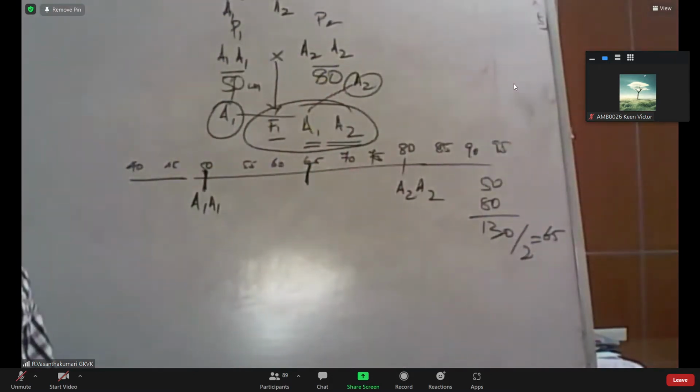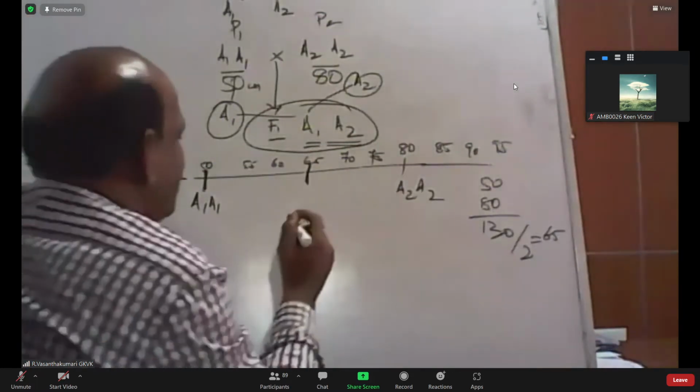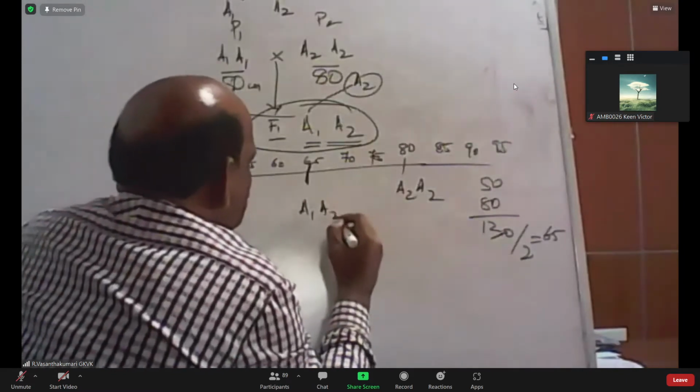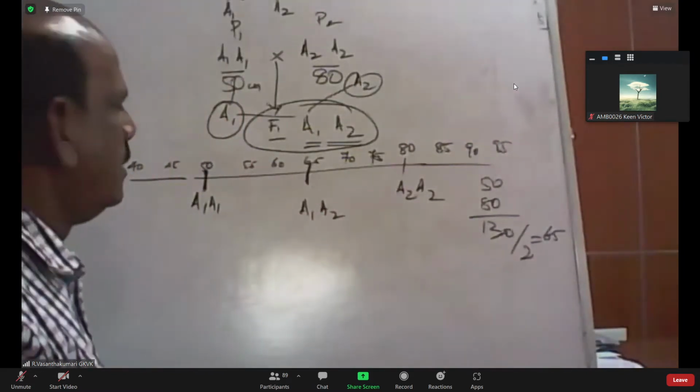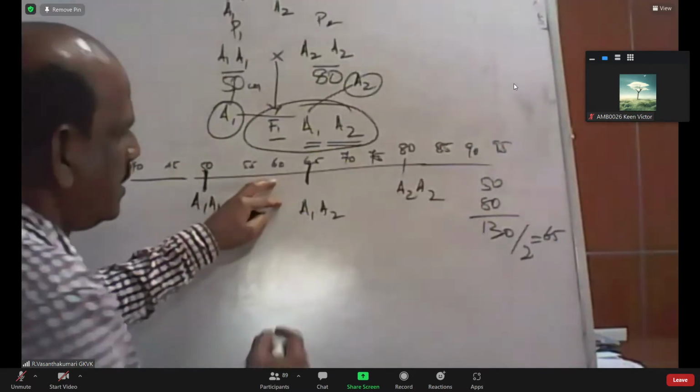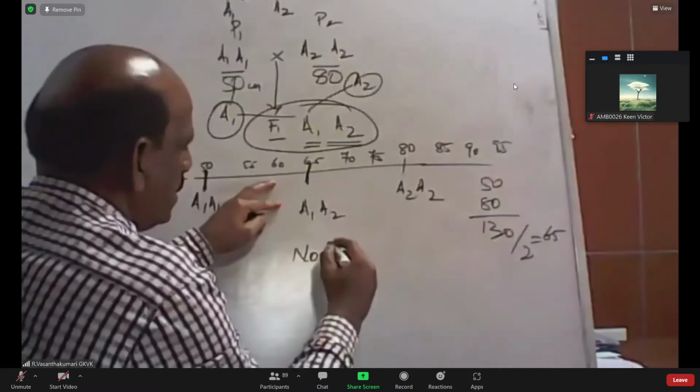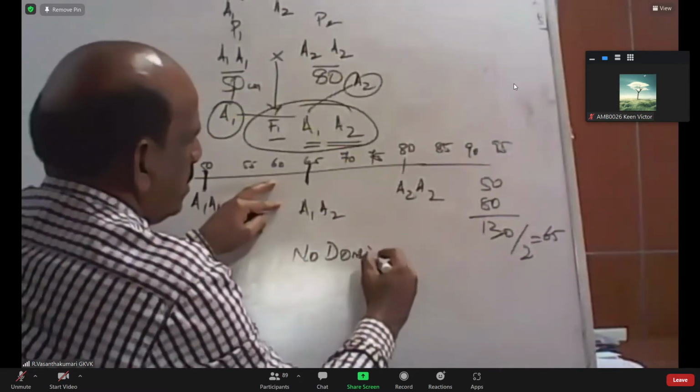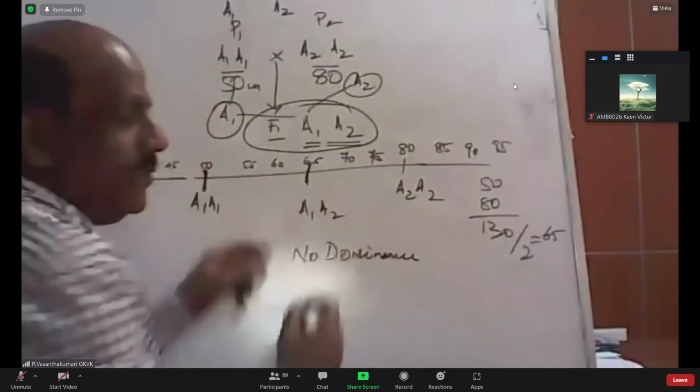If the mean phenotypic expression of the F1 heterozygote A1 A2 is equal to 65 centimeters, then what do we say here? We say there is no dominance.